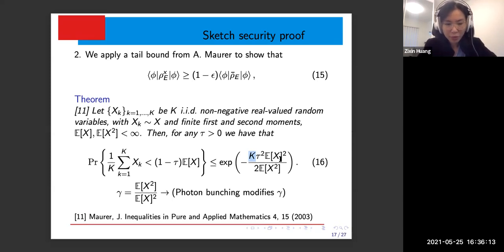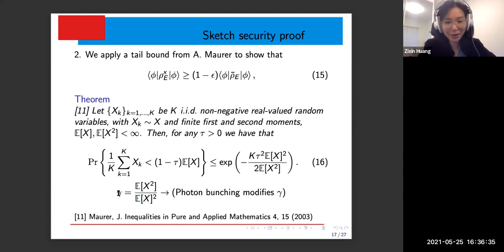A very important quantity to note here is the ratio of the expectation value of x squared divided by the expectation value of x, squared.